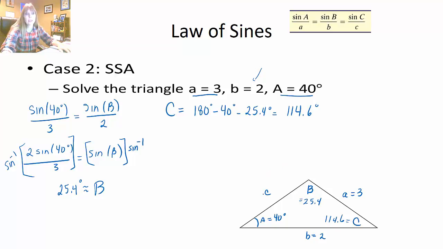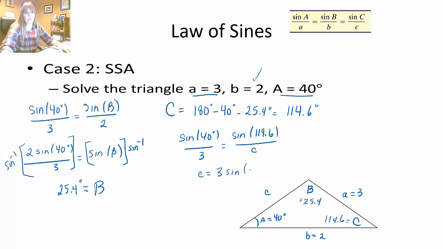It looks like I need little c, so I'm going to use my angle C. Let's use sine of A over A equals sine of C over little c, and that's what I'm solving for. Doing the algebra, you put this in your calculator, sine of 114.6 times 3 over sine of 40, and you should get 4.24 for little c.